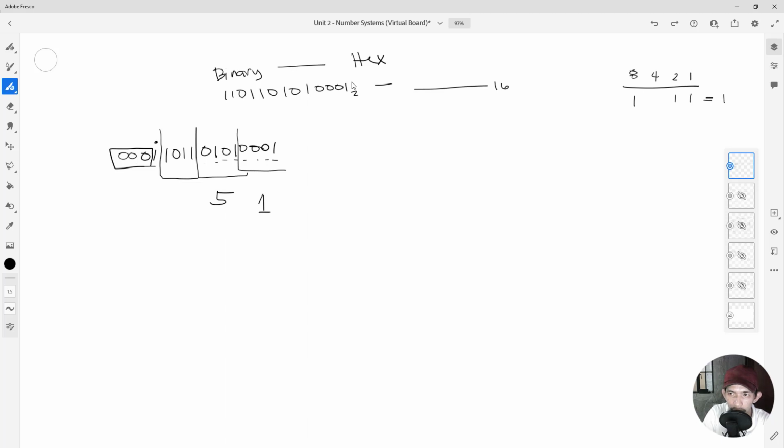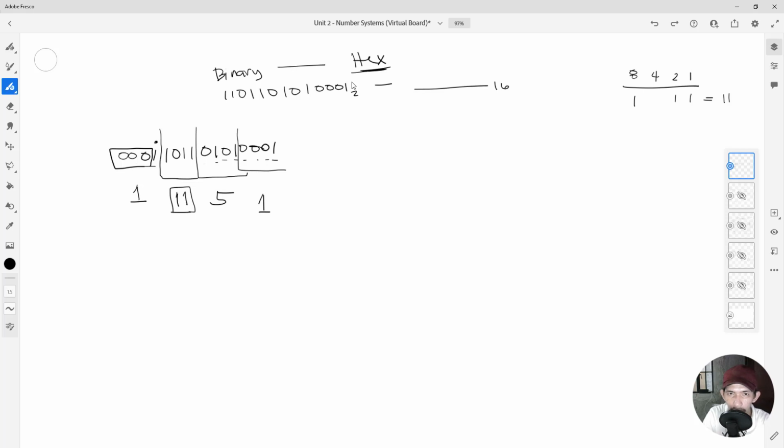The answer is 11. But, okay, lagay muna natin 11 dito. Okay. And then 0, 0, 0, 1, that means 1. Yan. Actually, we can use 11. No, we can't use 11. Bakit hindi natin pwedeng gamitin si 11? Kasi kino-convert natin siya into hexadecimal.